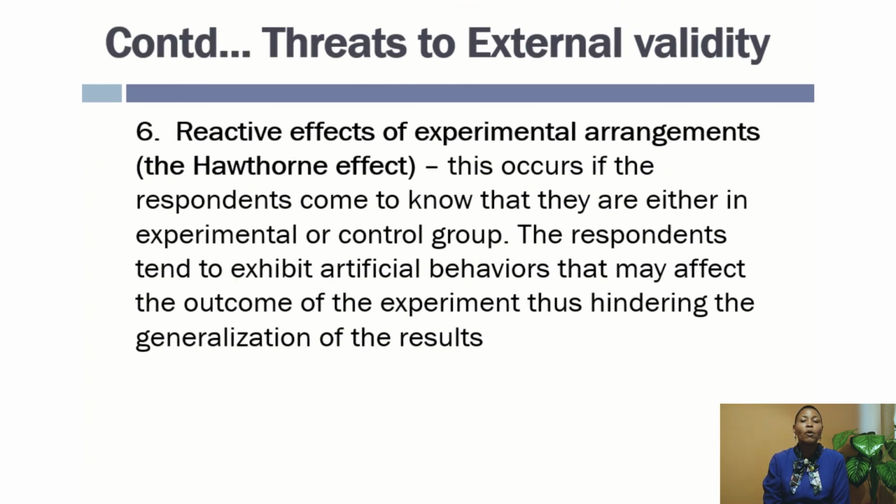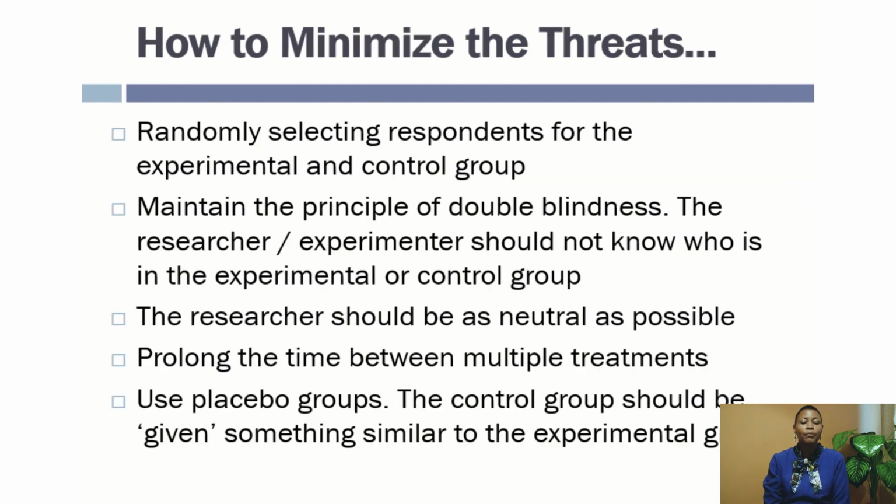Another one is called the Hawthorne effect or reactive effects of experimental arrangement. This occurs if the respondents come to know that they are either in the experimental or control group. In that case, the respondents tend to exhibit artificial behaviors that may affect the outcome of the experiment, thus hindering the generalization of the results.